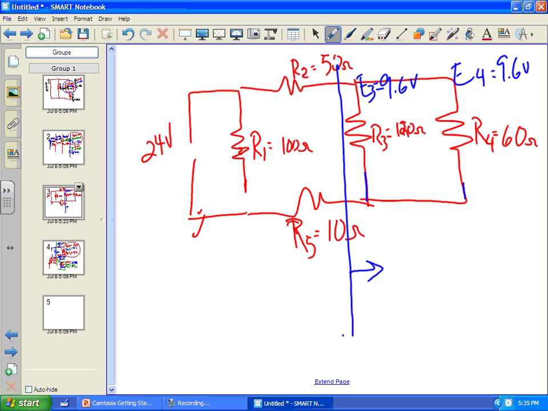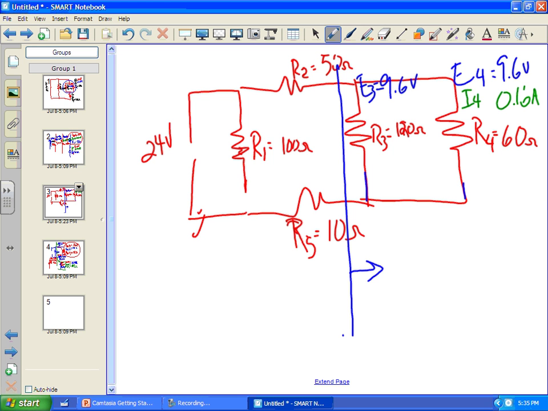Okay, now we're going to divide that by 60 first and get our current. That's 160 milliamps.